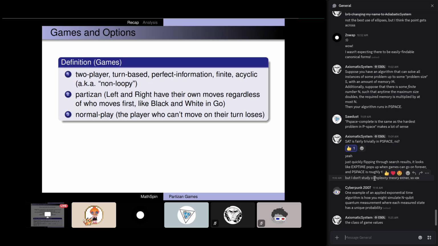Individual notes, maybe there's a PDF out there that calls the finite partisan acyclic games under normal play the Conway games or something. Someone might have a name like that, but that's not necessarily standard.